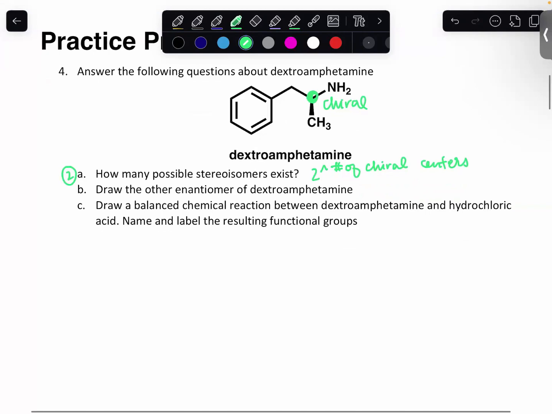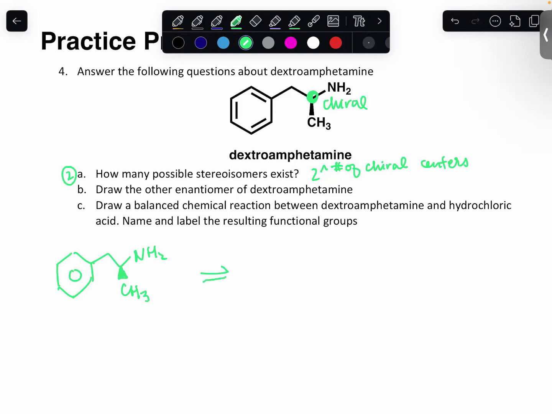In this question, we have already been given one of the enantiomers. What is the other enantiomer? And how would we draw it? Did you just switch the wedge to the dash? Exactly. And there we have it, our two enantiomers.